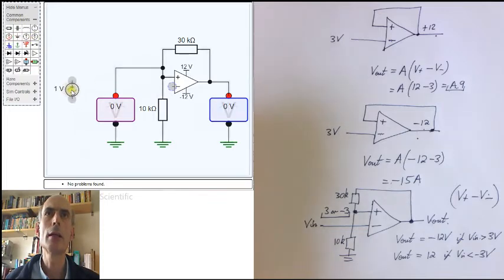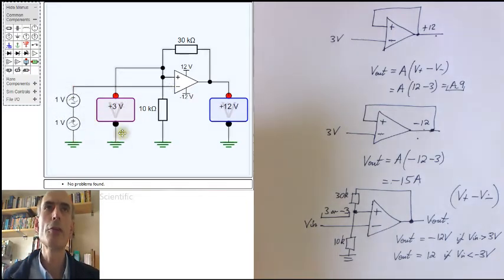I'll stick in a sinusoidal voltage source there, and I'll also stick in another variable voltage source there and connect that down to ground. Okay, so the input voltage is now the sum of these two sinusoidally changing voltages.